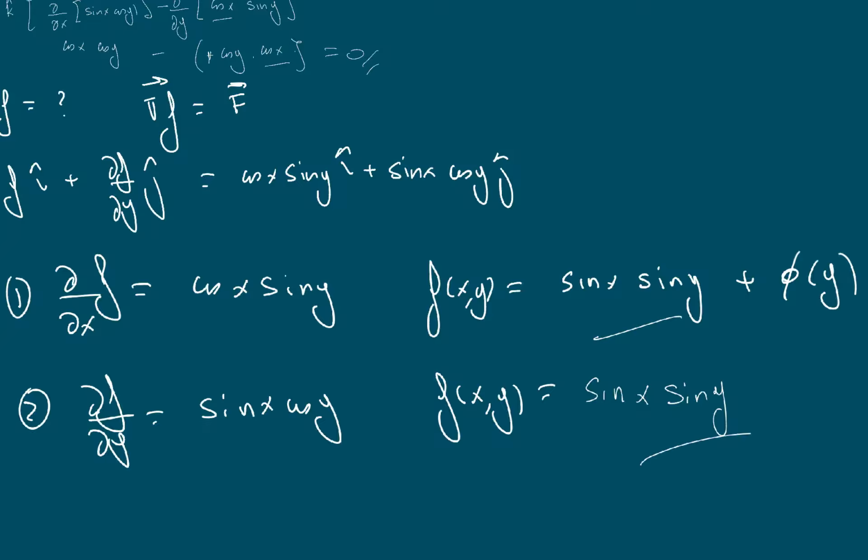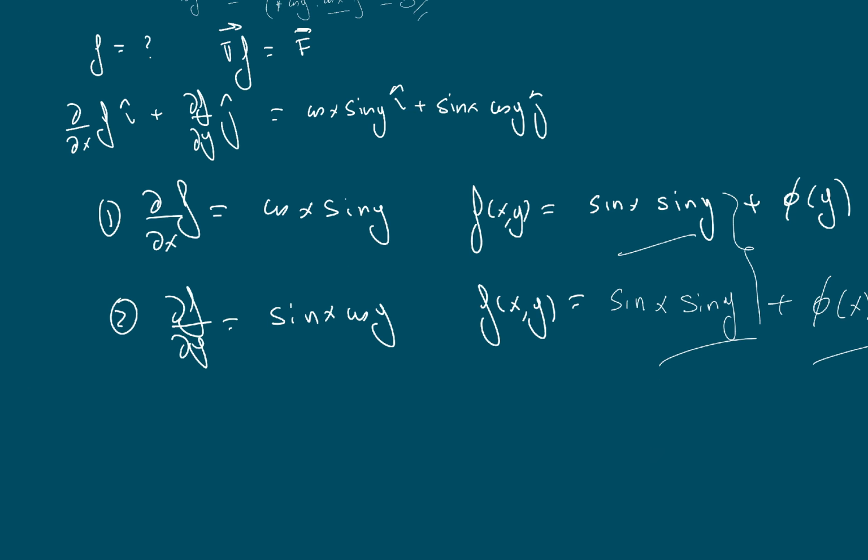We don't need to add the extra function of y. We found the potential function. The potential function f of x, y is sine of x multiplied by sine of y. Whatever constant we choose here, when we subtract the values of the function, it will cancel. So, no problem.